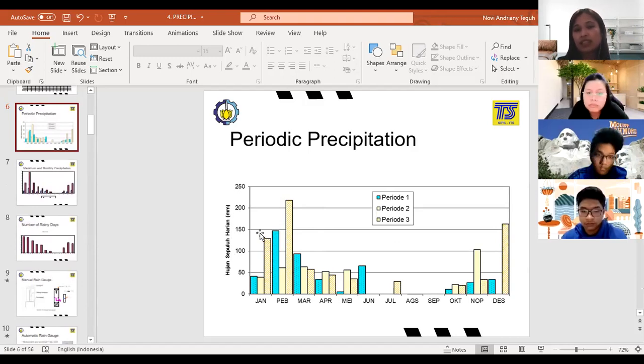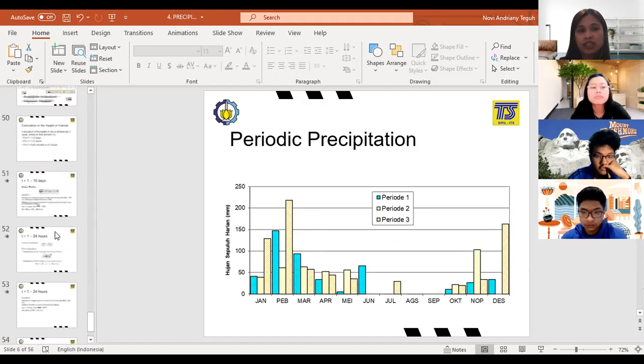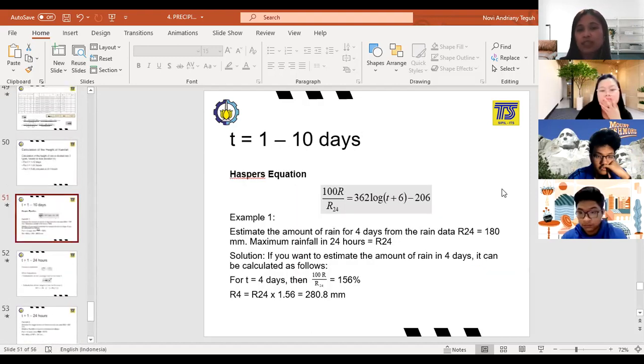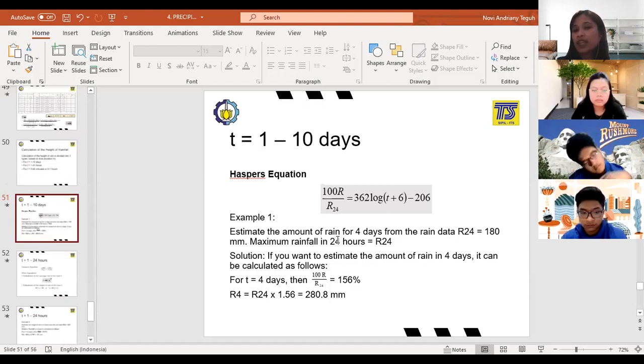So it is calculated as 10 days rainfall. That's why here we use 10 days as the maximum time to estimate the amount of the rain. Because if it's more than 10 days, you have to calculate it not using this Hasper's equation.